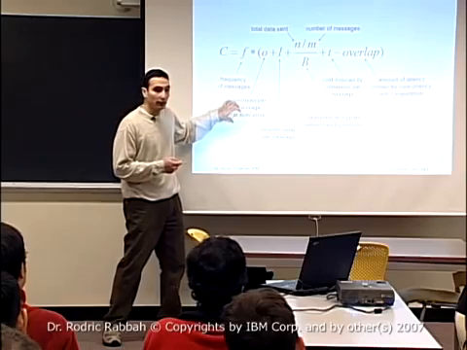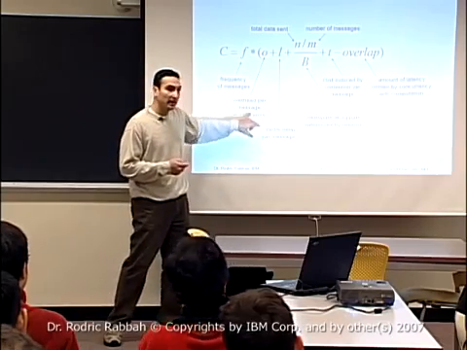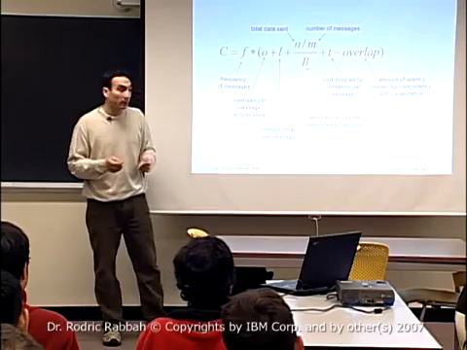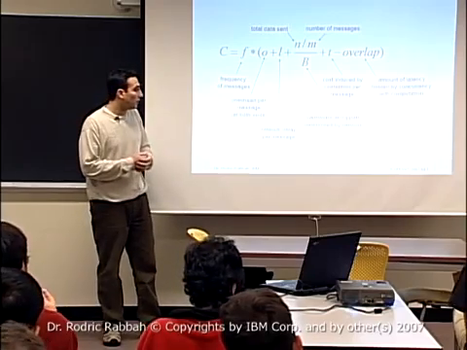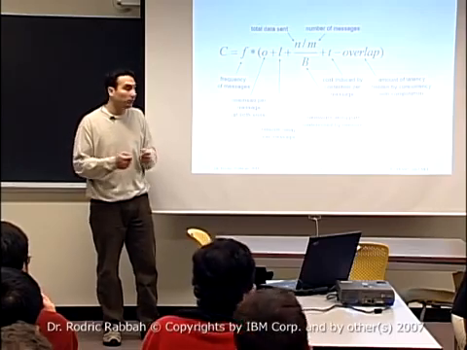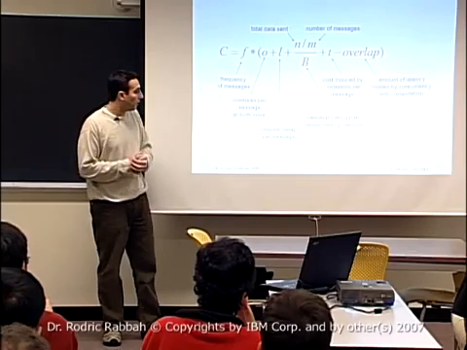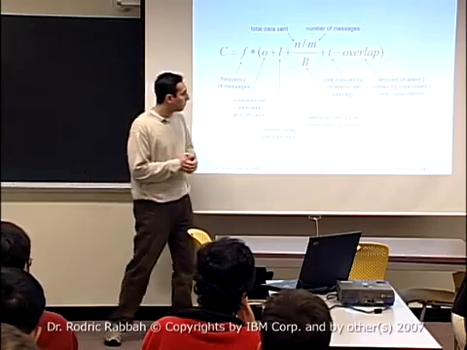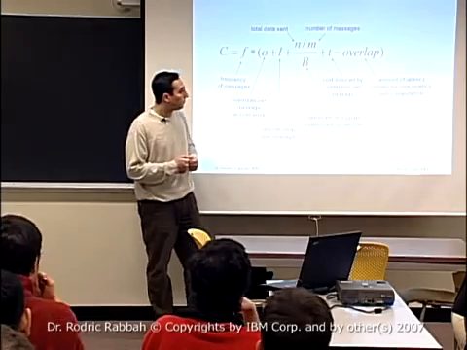You can do some architectural tweaks or maybe some software tweaks to really get the network latency down and the overhead per message down. So on something like the Raw architecture, which you saw in Saman's lecture, there's a really fast mechanism to communicate with the nearest neighbor in 3 cycles. So one processor can send a single operand to another reasonably fast. You can improve the bandwidth, again an architectural mechanism.